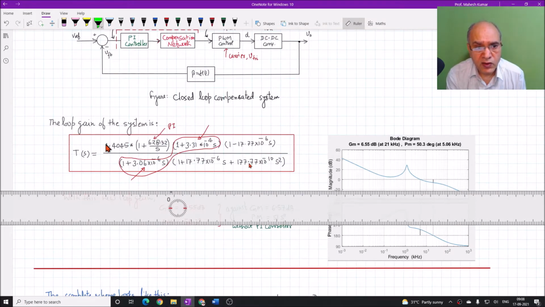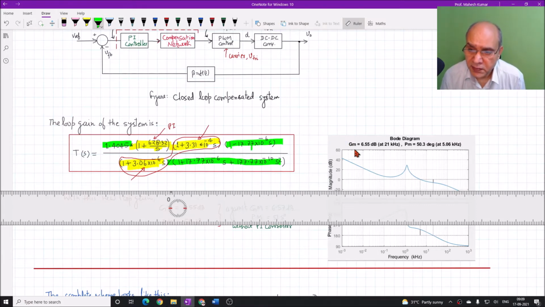This is the constant value, and this corresponds to the PI controller. These two factors are for lead compensator and the remaining for the plant, including the gain. So in this, the gain is also included of this transfer function.